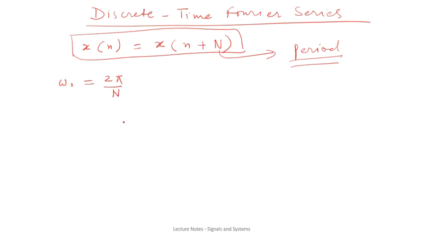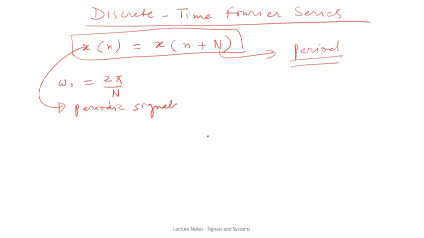So if this x[n] is a periodic signal, then it can be represented by a discrete time Fourier series, which is made up of different either sine or cosine components or exponential components. We have already discussed these two different forms of Fourier series.